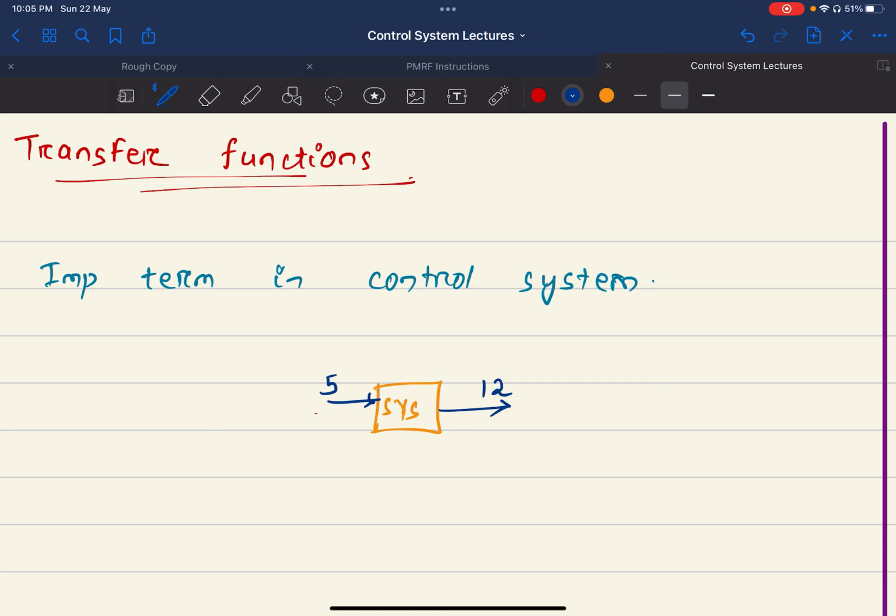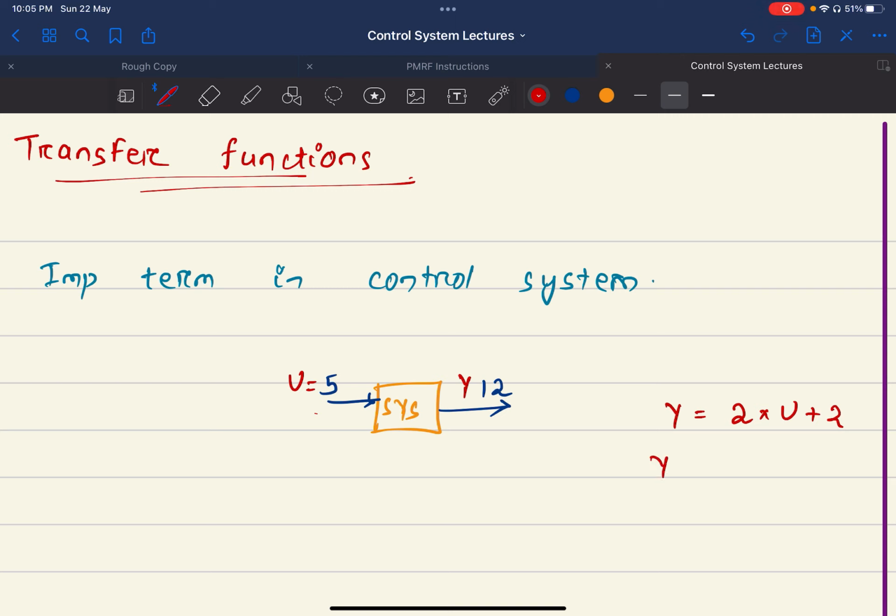So what can you deduce from the system? If this is my output y and this is my input u, I can take y equal to 2u plus 2, isn't it? But I can't guarantee it, right?